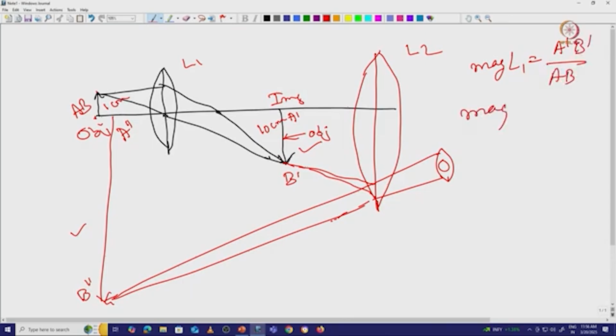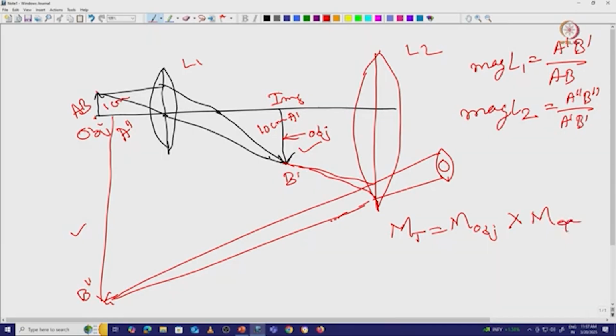Then the magnification of lens 2 is A double prime B double prime by A prime B prime. In the last lecture I told you the total magnification will be the magnification of the objective lens multiplied by the magnification of the eyepiece or ocular lens.